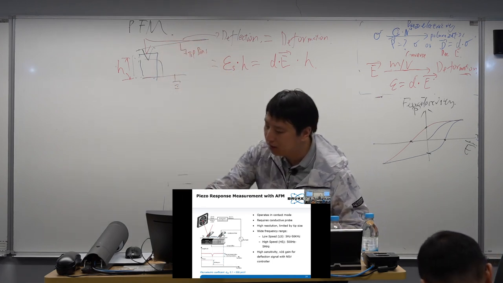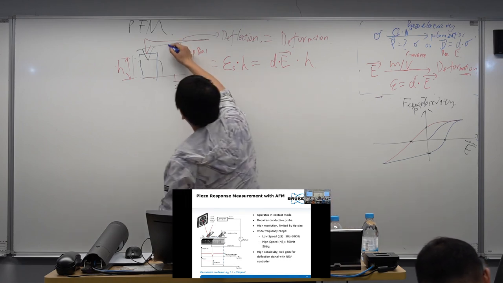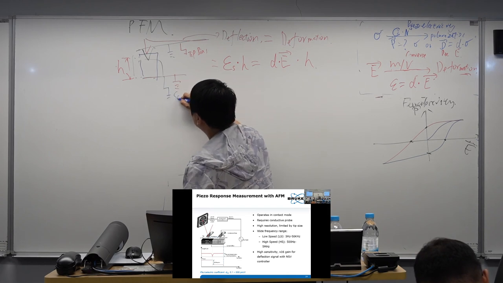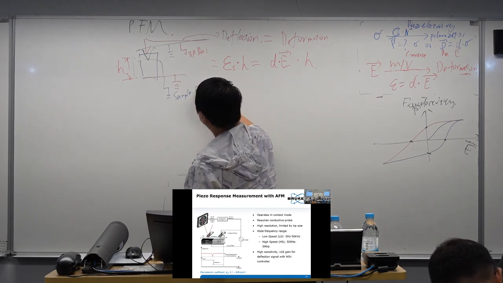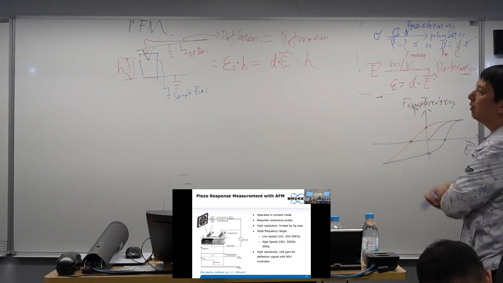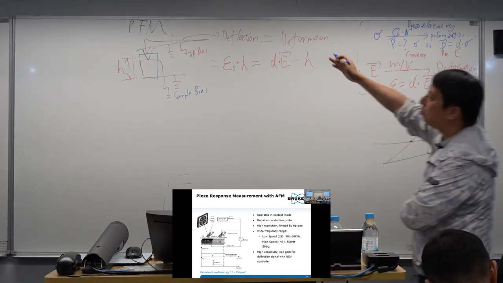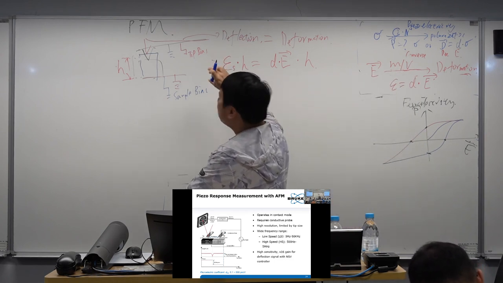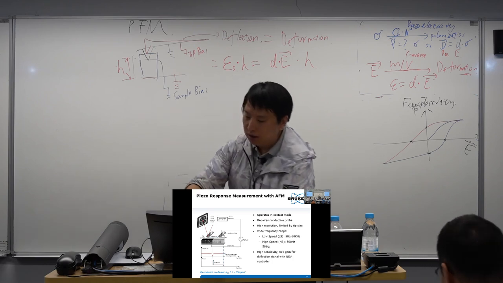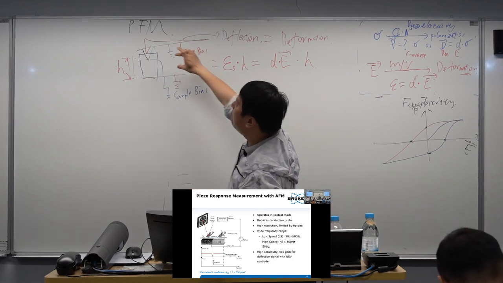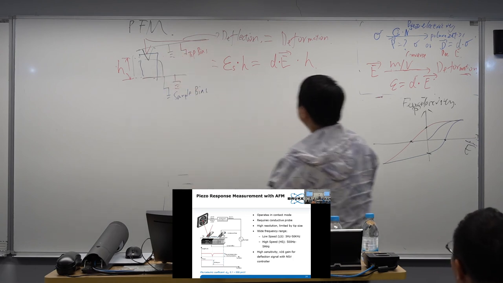Or I can do it the opposite way: I ground the tip and apply a sample bias. Either way it will work. We just apply a bias on the tip or on the sample. And with this bias, what's the electric field? The electric field is just the voltage divided by the distance.